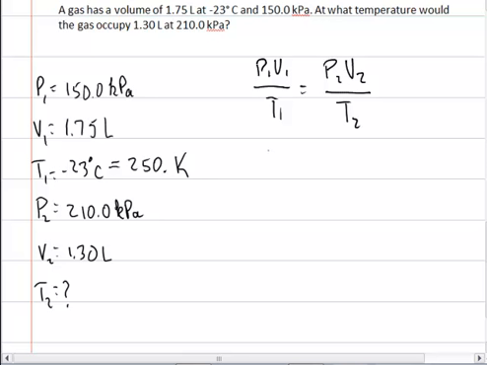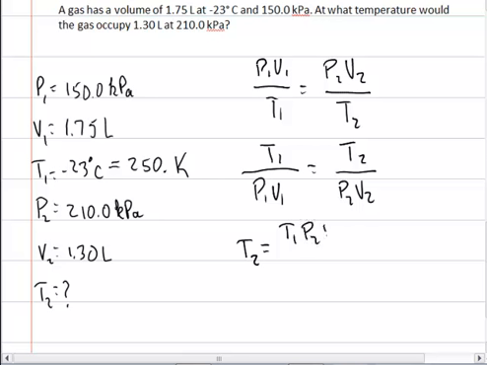So I'm going to write this as T1 over P1 V1 equals T2 over P2 V2. And now to solve for T2, I'm just going to multiply both sides by P2 V2, and I get the equation that I'm going to use. T2 equals T1 P2 V2 over P1 V1.